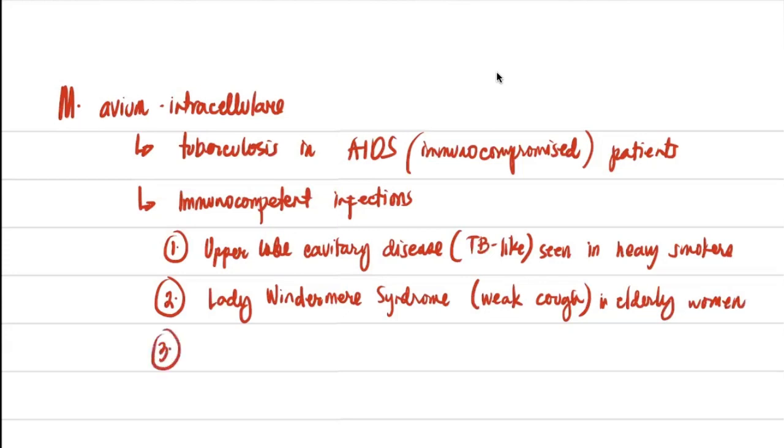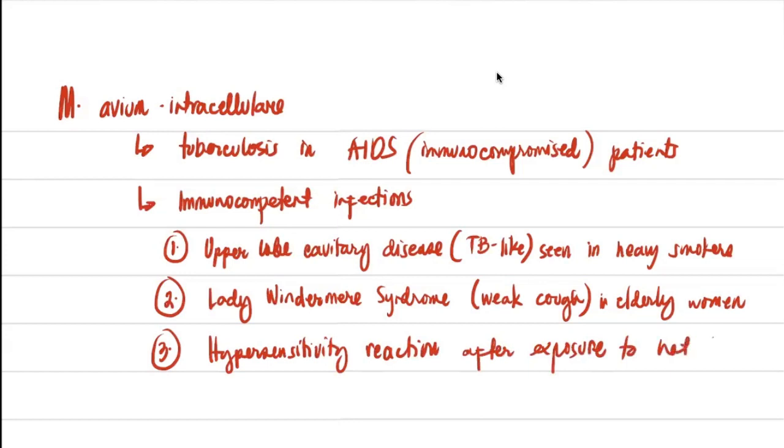And the third form of the disease is a hypersensitivity reaction, after exposure to hot tub contaminated with the organism. So you developed a hypersensitivity reaction to the Mycobacterium avium intracellulare whenever it is present in the hot tub to which you were exposed. Okay? So those are the things we will remember about Mycobacterium avium intracellulare.